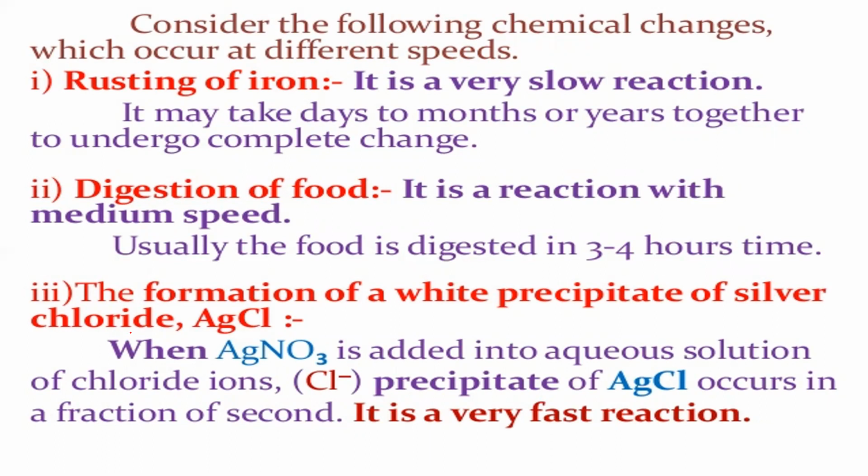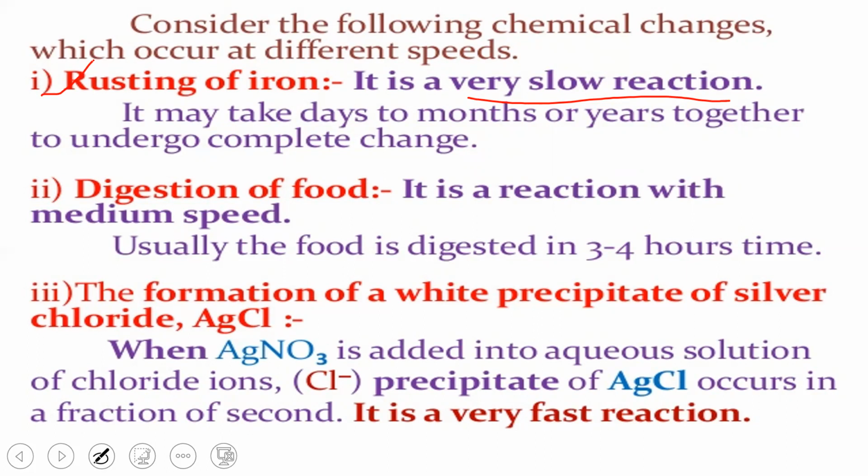The first one is the very slow reactions. The best example for this is the rusting of iron. Rusting of iron is a very slow reaction. It may take days to months or a year together to undergo the complete change.